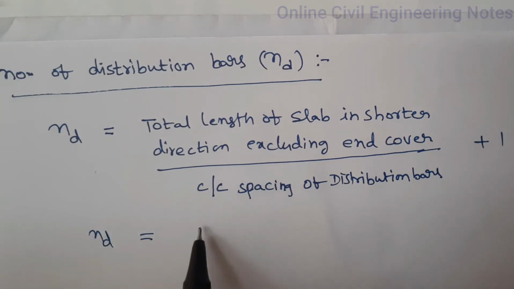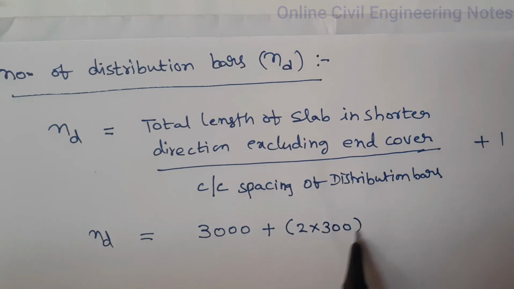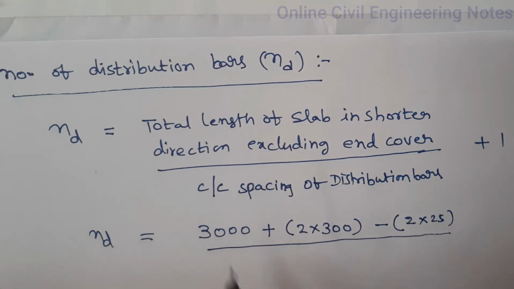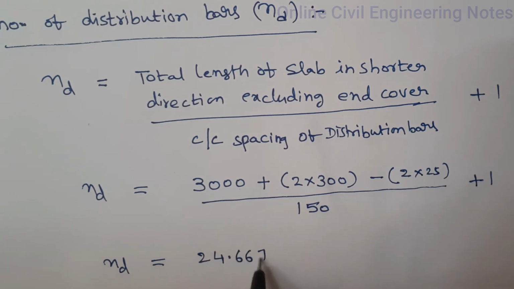So in the shorter direction, clear span is 3 meters, in mm 3000 mm, plus bearings on either end 2 into 300, and deducting the end covers 2 into 25, divided by center to center spacing is 150 mm, plus 1. Number of distribution bars is 24.667, round it to 25.